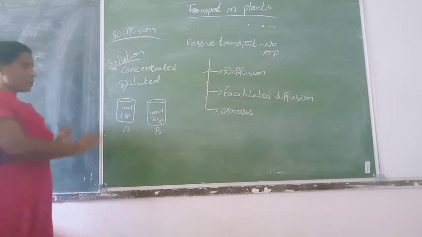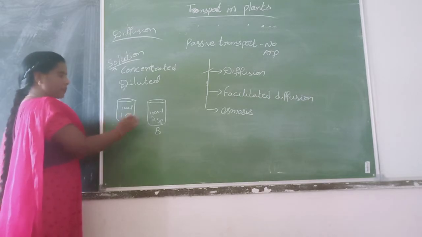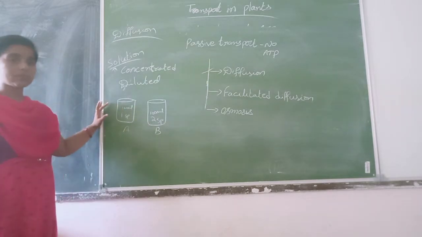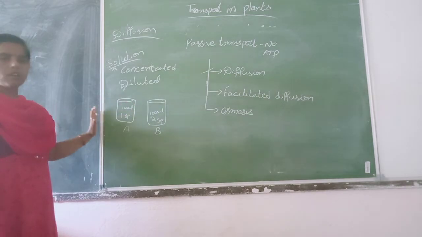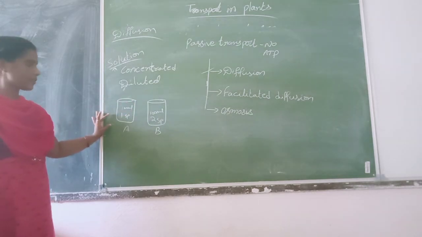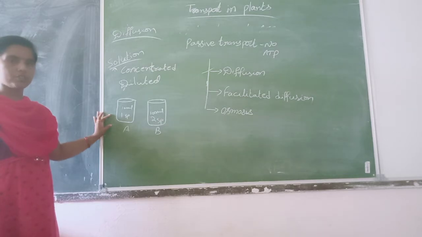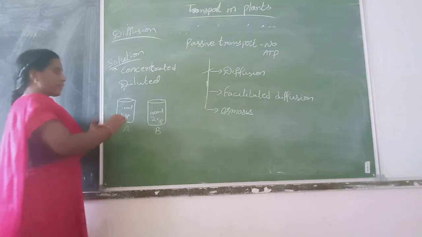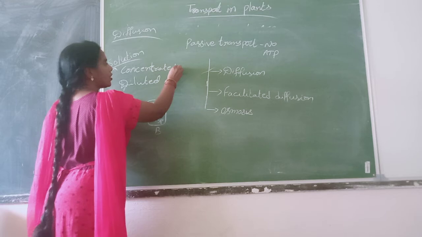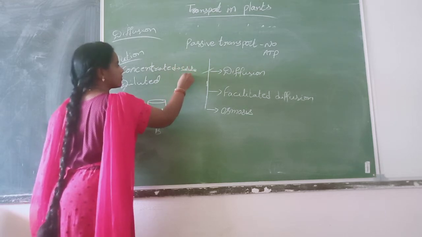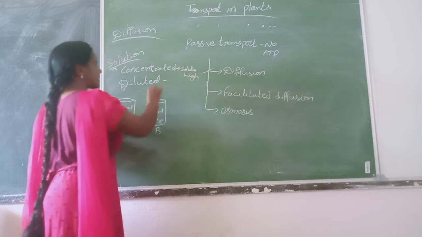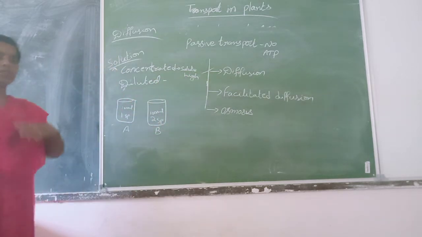In these two glasses we form sugar solutions. Now, which do we consider the concentrated solution and which the diluted solution? The one in which the solute is high is considered the concentrated solution.